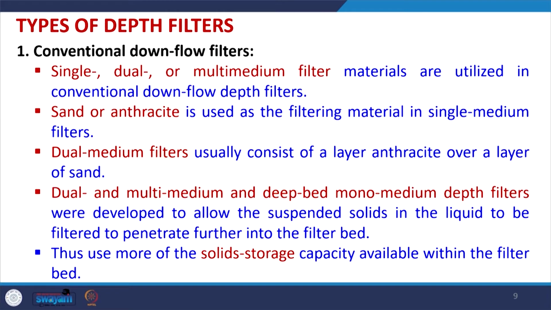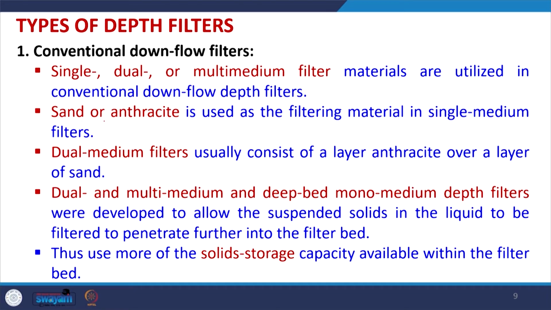Now, there are other ways we can define the depth filters. One is called the conventional downflow depth filter. It can have single, dual or multi-medium filter materials that are utilized for the conventional downflow depth filter. Already we have got an idea with respect to SSF.